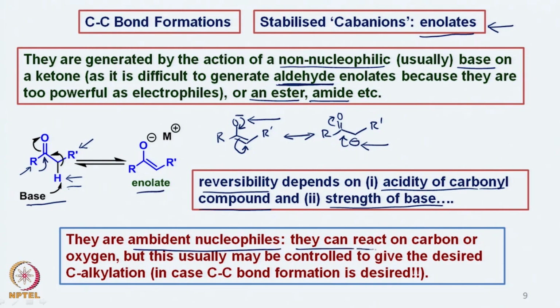They can react either on carbon or on oxygen, but this can be controlled if one wants the C-C bond formation to take place. So there are factors that we have to look at, and there are conditions which we will have to meet to guide the C-C bond formation via this particular enolate molecule, which has a resonance structure with the anion on the carbon.